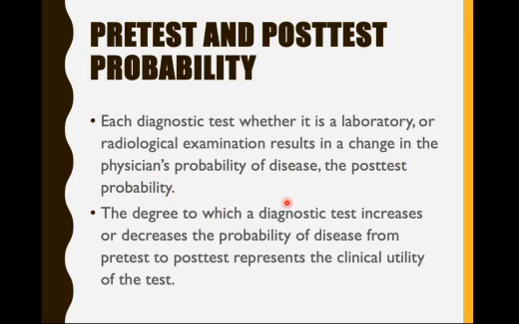Now, the degree to which a diagnostic test increases or decreases the probability of the disease from pre-test to post-test represents the clinical utility of the test. So, okay, let me just explain this further. Okay, we have a pre-test probability.